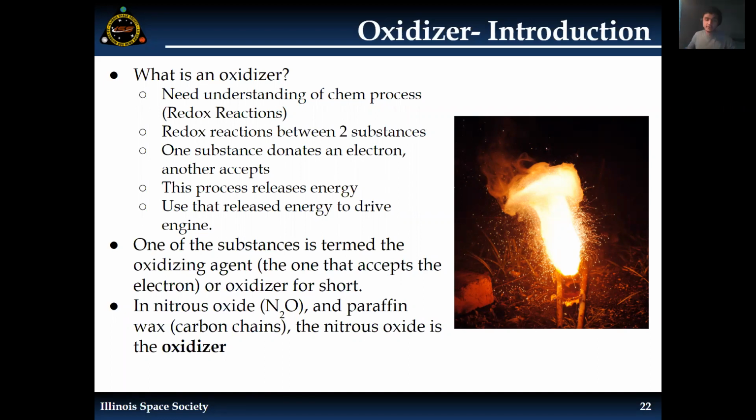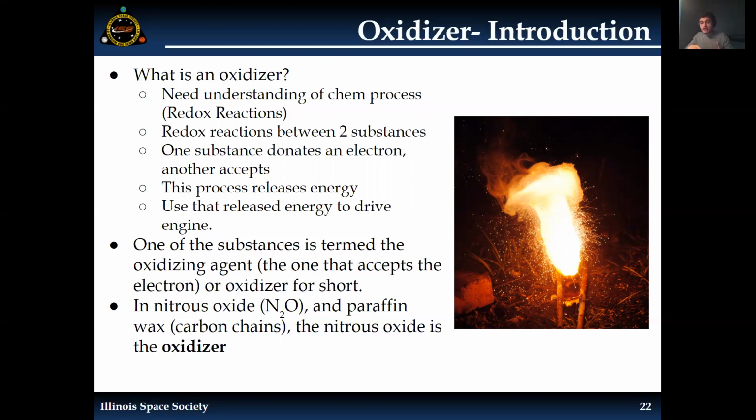So essentially an oxidizer is a component of a chemical reaction called a redox reaction. A redox reaction is essentially two substances reacting where one substance donates an electron to another substance. In this case, the substance that accepts the electron is called the oxidizer.